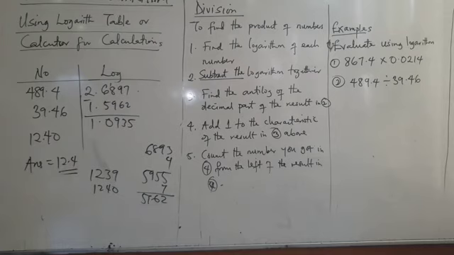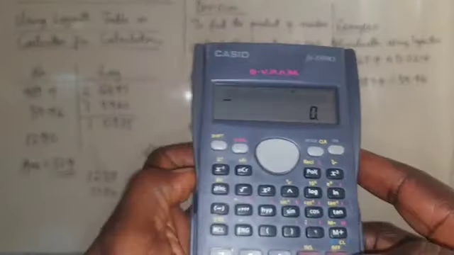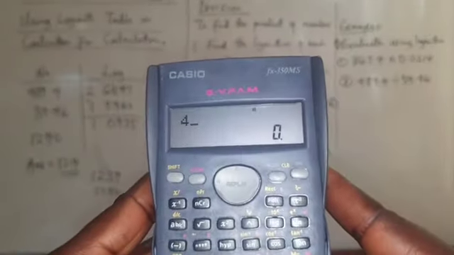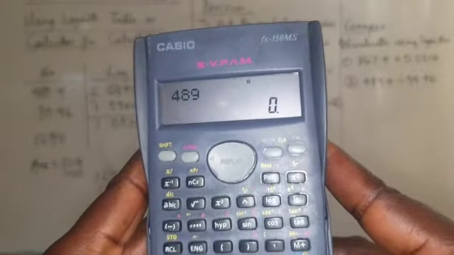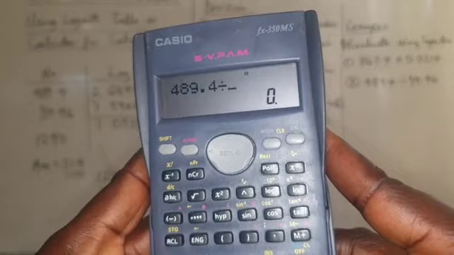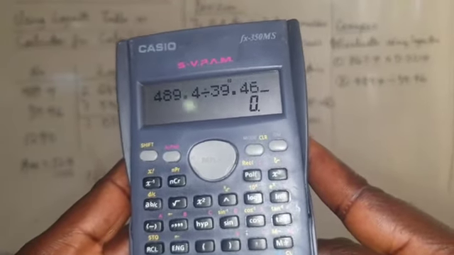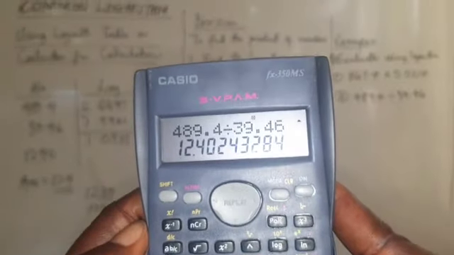So now let's confirm that through the calculator by having the original question, which is 489.4 divided by 39.46. We have 12.40.